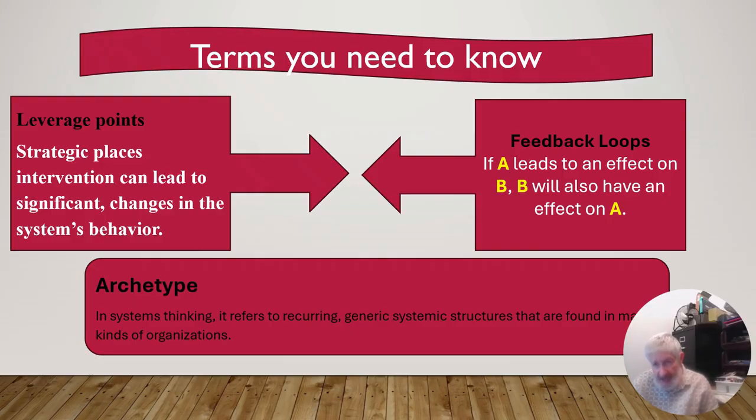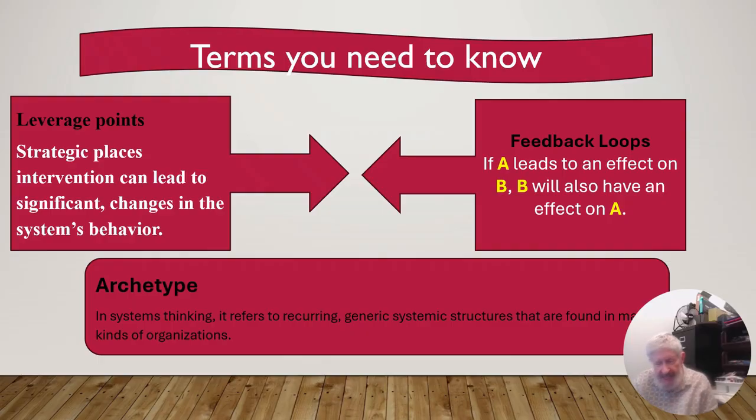And then we have archetypes. An archetype is a recurring generic character, and we're going to talk about one in particular, or a symbol or a story that in systems thinking is recurring, and they're found in many kinds of organizations.